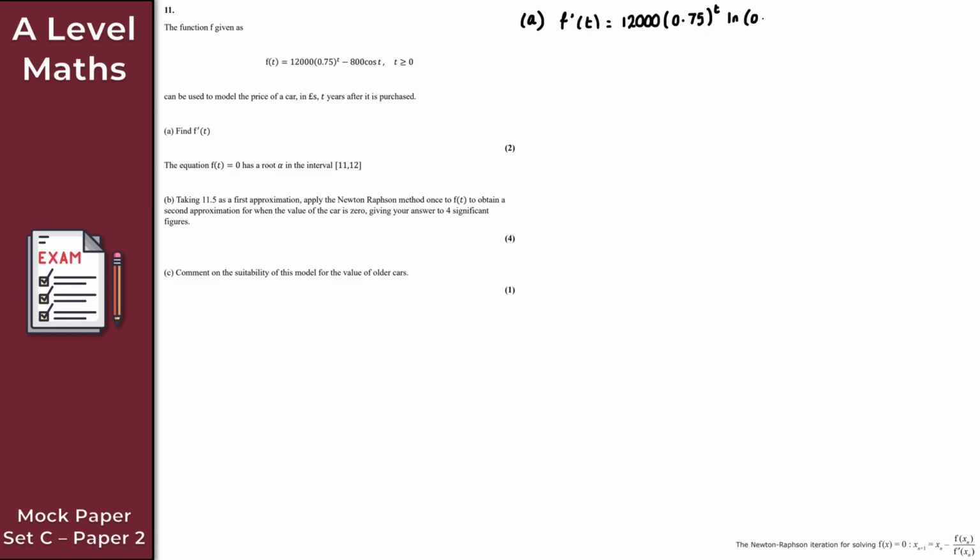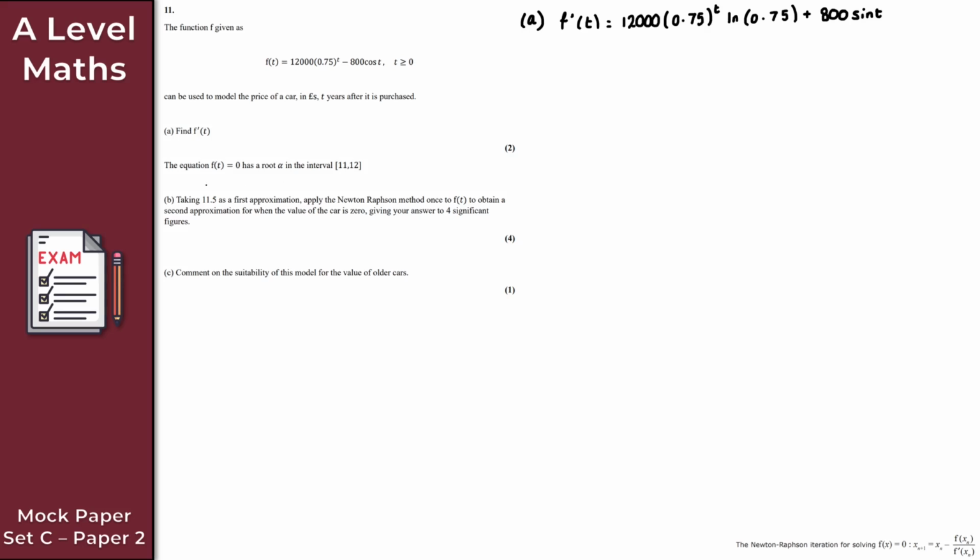So ln of 0.75, like so. And the minus 800 cos t here, that differentiates, it goes plus 800 sine t. So plus 800 sine t there. And there we have it. So nice and straightforward. That gives us the solution here to part A.